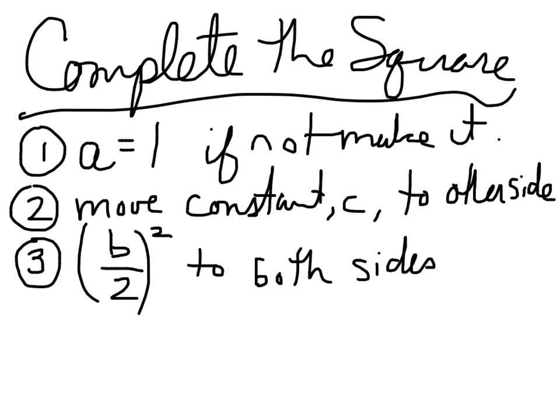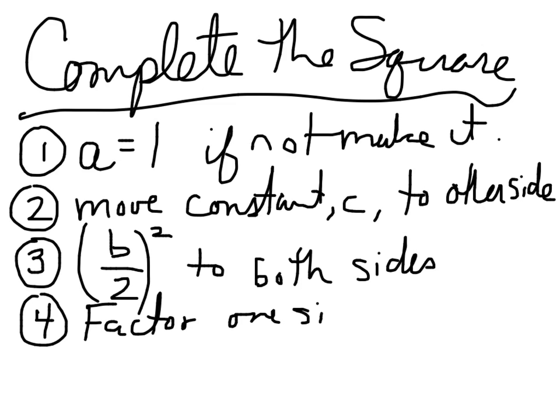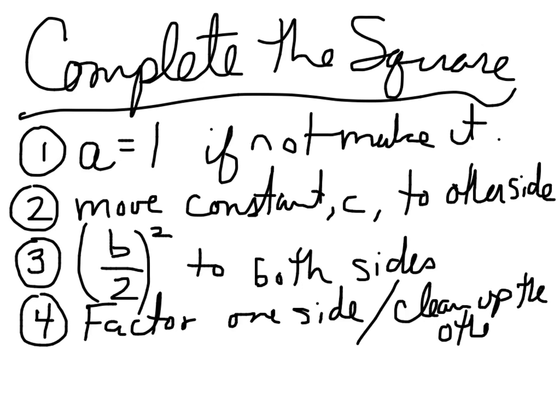Okay? Step 4, you're going to factor one side, clean up the other. Now, what I mean by factor on the one side, you'll have one side that has x's. Now, just so that you guys know, after I do step 3, it's going to look exactly like the square root ones that we just did, where we had this thing here and we could factor it.